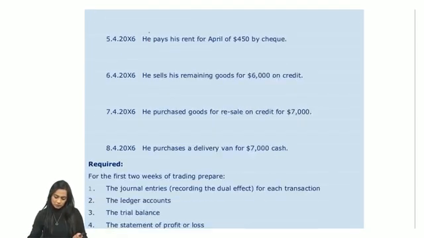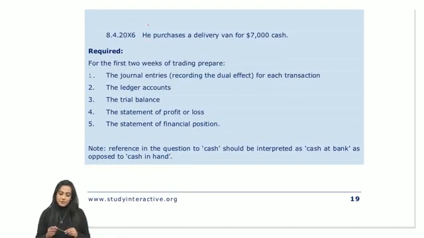It says required. For the first 2 weeks of trading, prepare the journal entries, the ledger accounts, the trial balance, that's something new, the statement of profit or loss, and the statement of financial position.